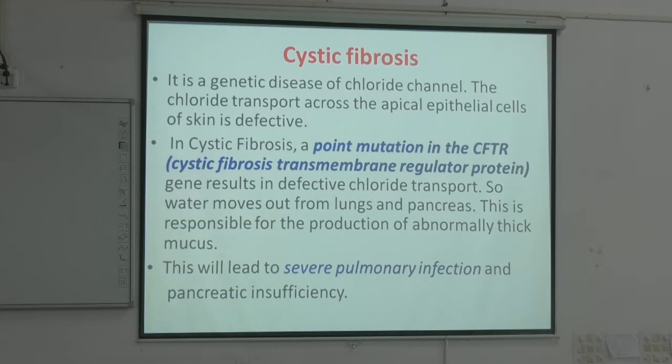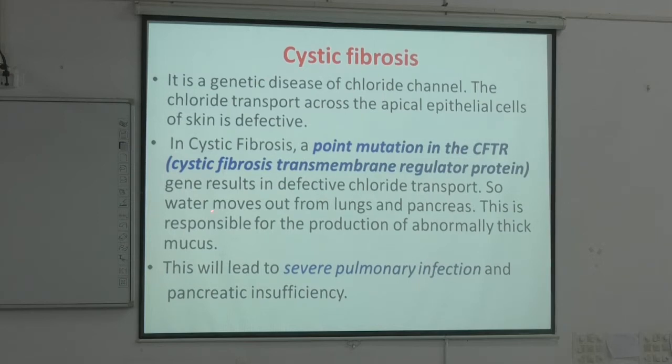Next is CFTR, cystic fibrosis, very important. What will happen? There is a defect of the CFTR gene, the cystic fibrosis transmembrane regulator protein gene. Due to that defect, the chloride channel will be disturbed.